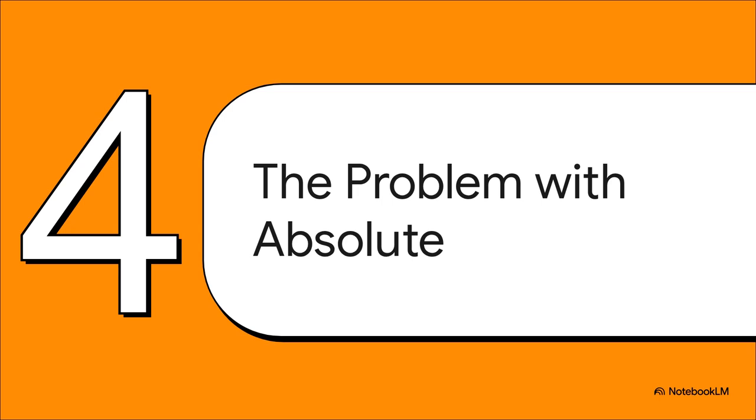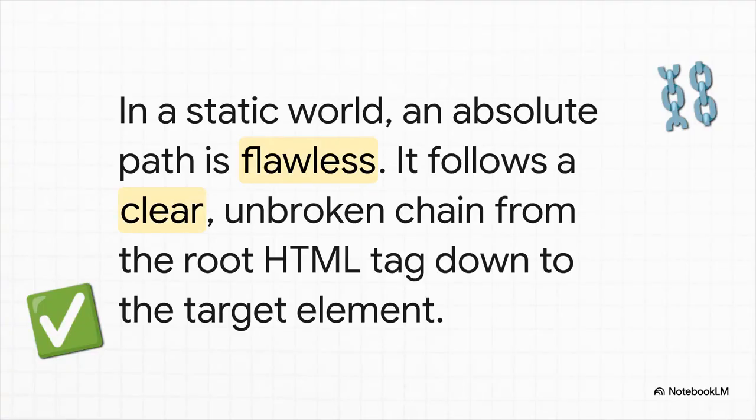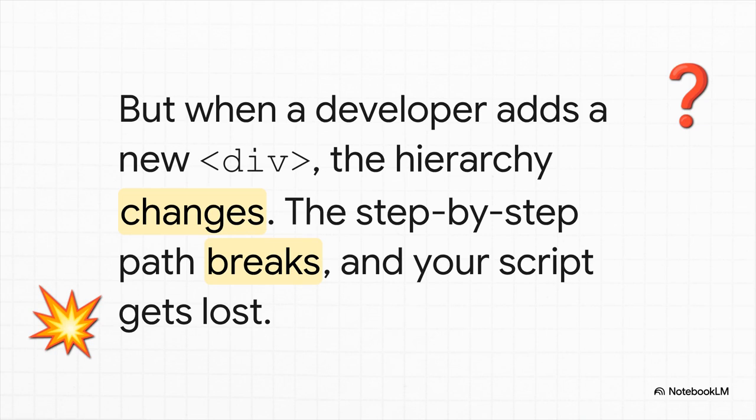But that precision, it's actually a huge trap. I mean, look, in a perfect world where nothing ever changes, this absolute path is beautiful, it works flawlessly, it follows the chain of command, step by step, right from the top of the page down to our target. The path is clear, it's unbroken, perfect. But when was the last time you saw a website stay the same forever? Right, never.